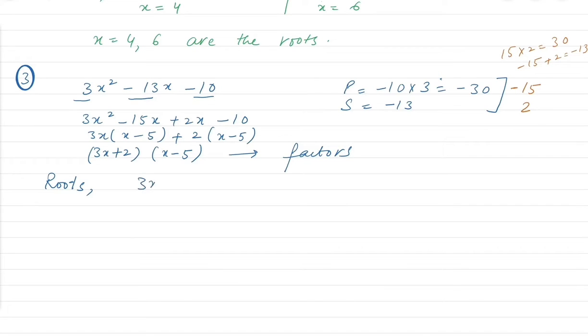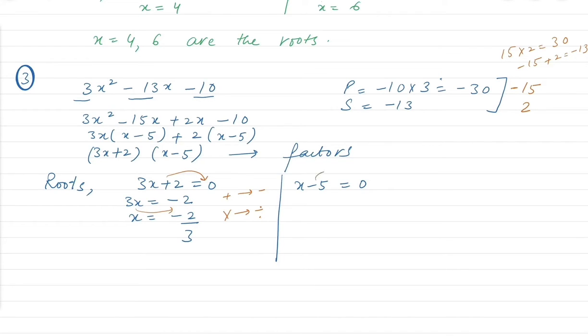Now for finding the roots, we know that 3x plus 2 equals 0, and similarly x minus 5 equals 0. We need to equate them to 0. 3x will equal minus 2, so x equals minus 2 by 3. When 3 goes to the other side, multiply will become divide, and plus will become minus when 2 goes to the other side.